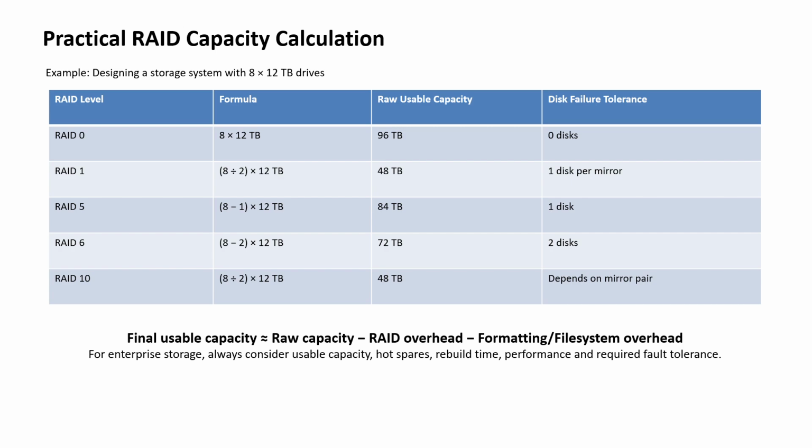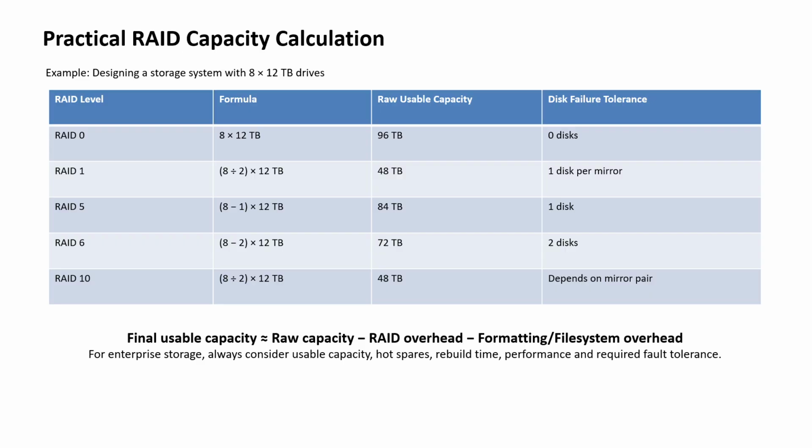For example, if we have 96 TB raw capacity, we should not always promise the customer exactly 96 TB of usable storage. We must first consider the RAID level, the required protection, the hot spare, formatting overhead, and the storage system architecture. So the final message is RAID 0 gives maximum capacity but no protection.